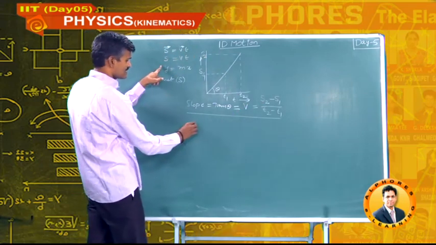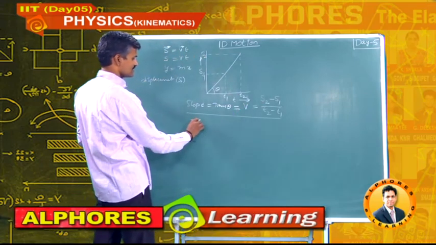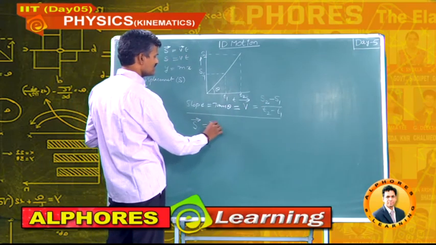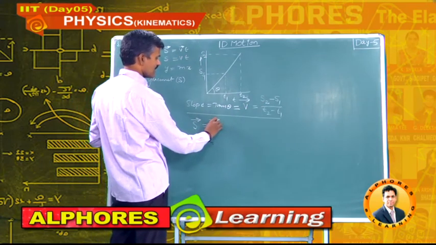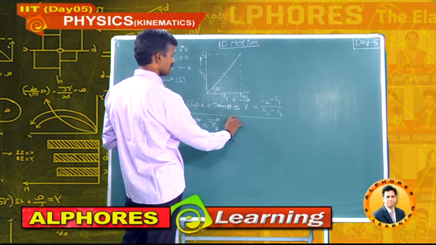Next, our displacement S bar is nothing but the change in position vector, that is r2 bar minus r1 bar.